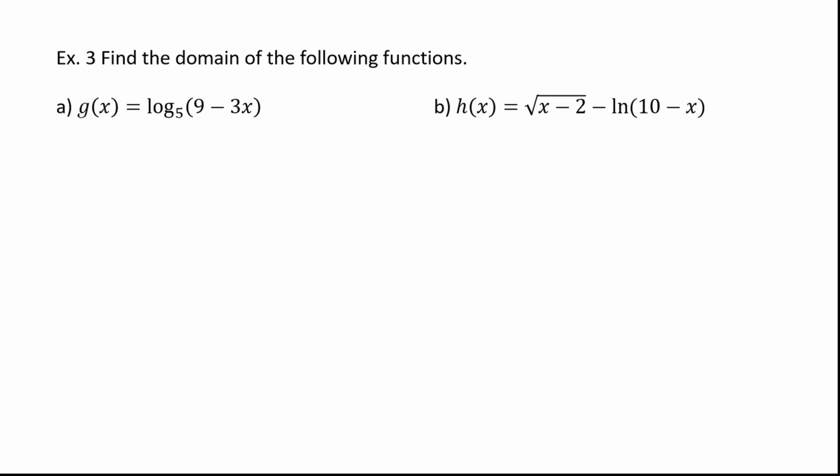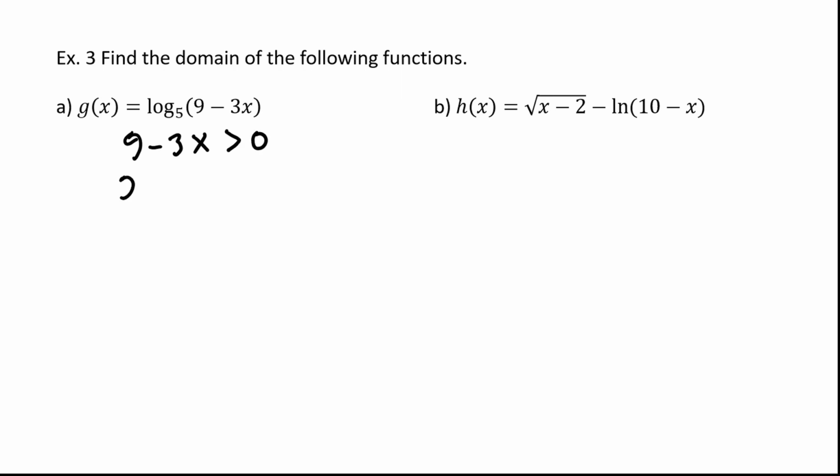Find the domain of the following functions. A. g of x equals log base 5 of 9 minus 3x. The domain of the log function must be strictly positive. The domain is not defined for 0 and negative numbers. So we begin with the argument 9 minus 3x must be strictly greater than 0.